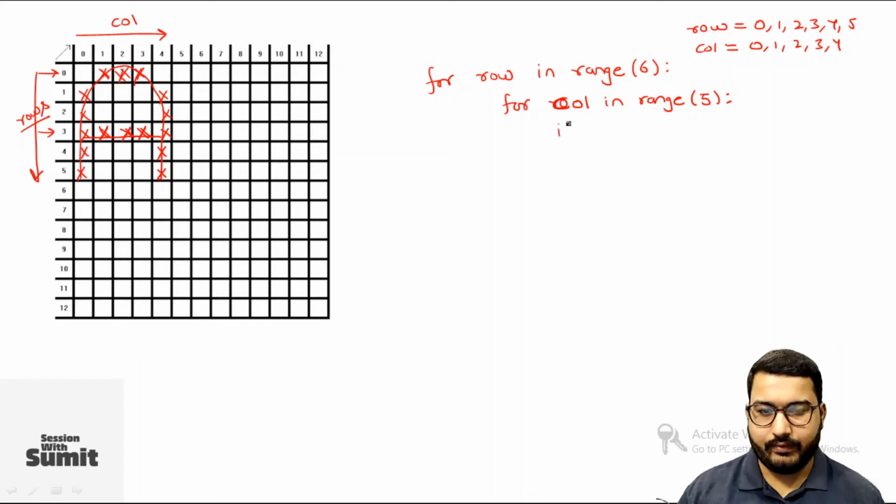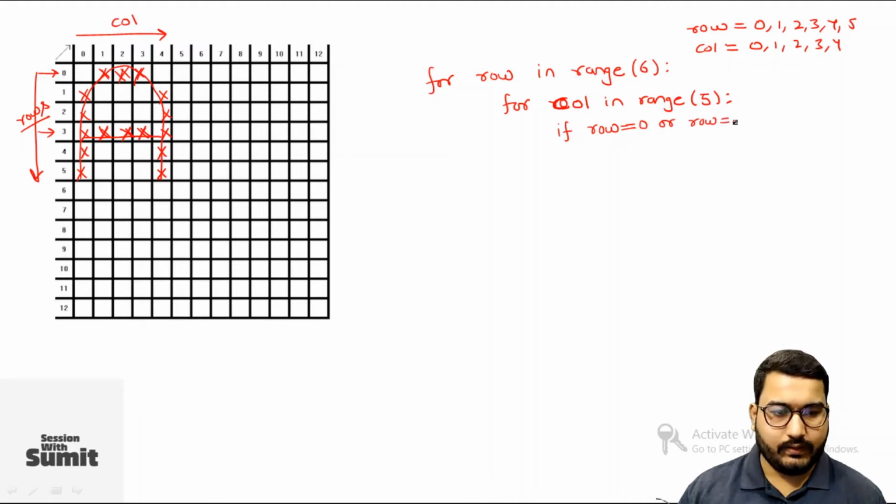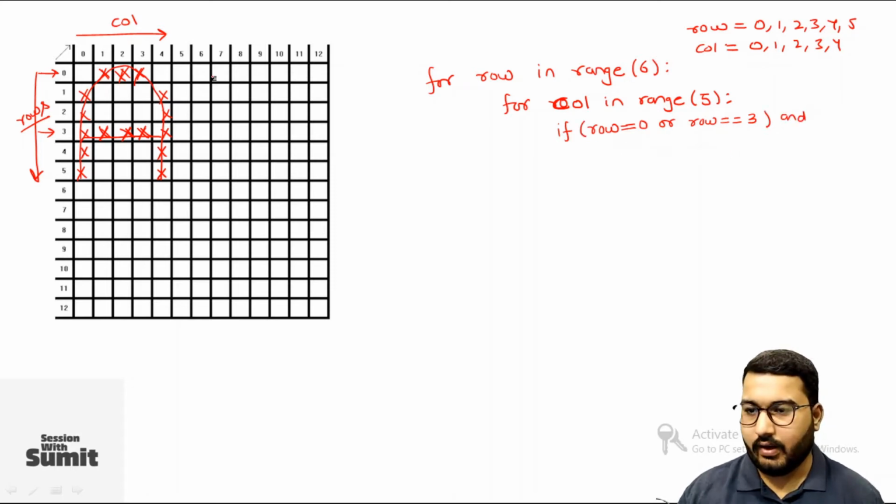So if your row is equal to 0, or your row is equal to 3, this is condition number 1, and your column is not 0 and 4.